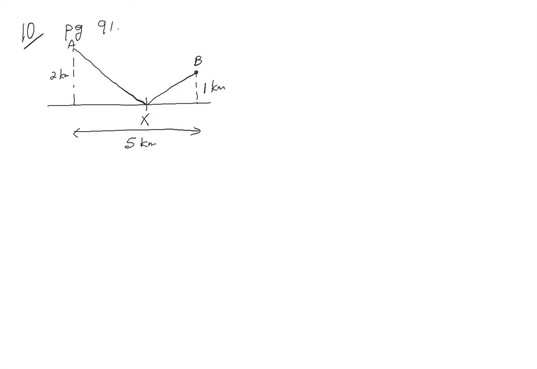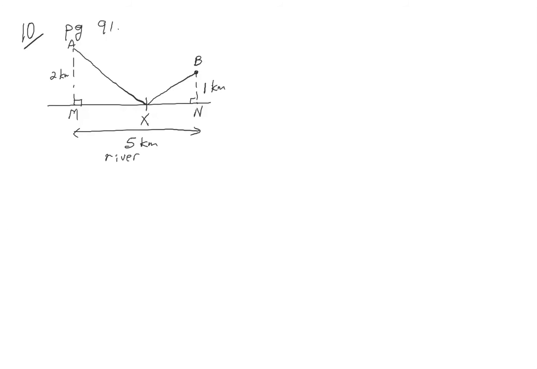Okay, this is the situation. Okay, you have two right angle triangles. So they say a pump house is to be placed at some point X along the river. So this is a river.